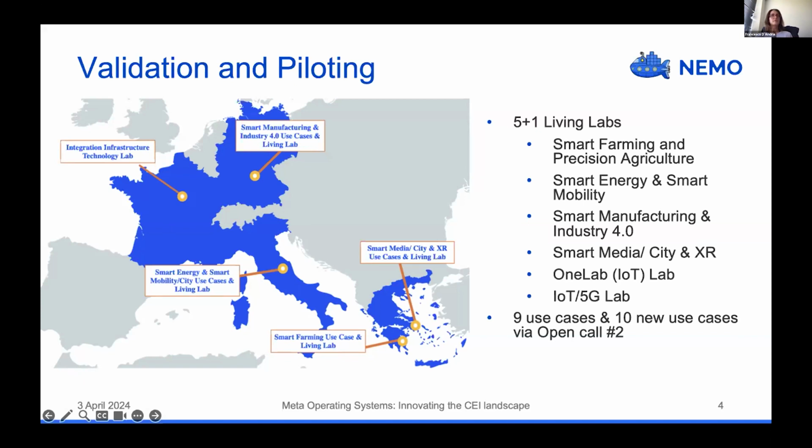The second use case is about smart mobility. Here we have a fleet of electric vehicles and smart chargers, again internally. The focus is on optimizing the traffic prediction and the parking process, but also combining this with available information regarding the green energy availability and the scheduling of smart charging.